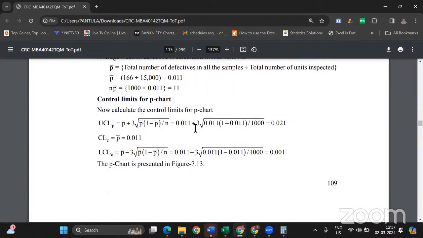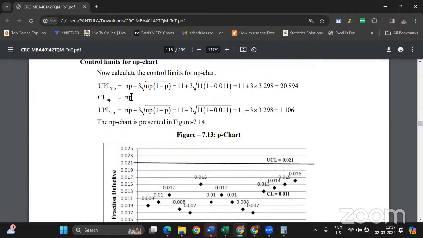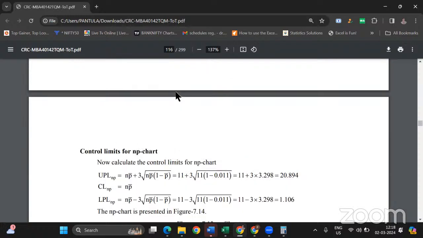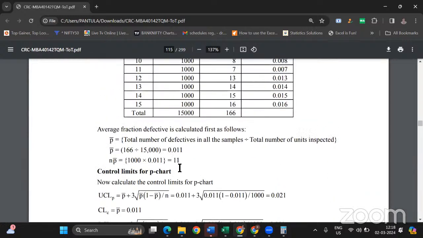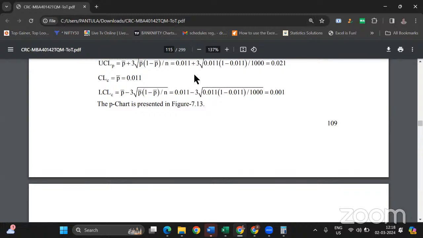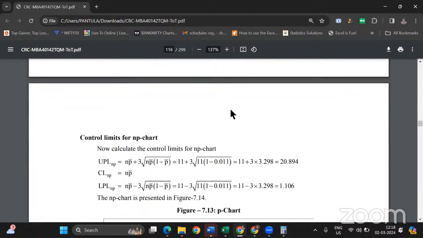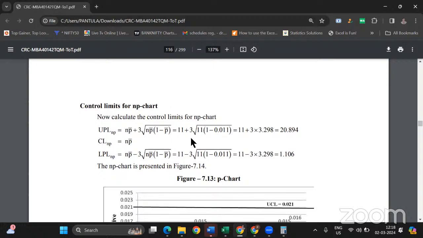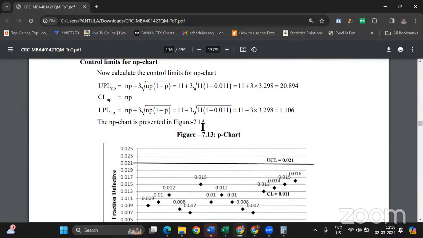So we take n times P bar, which gives NP bar equal to 11, as we already discussed. Then 11 plus 3 square root of NP bar times (1 minus P bar), and we get the upper control limit, UCL, for NP bar of 20.84.